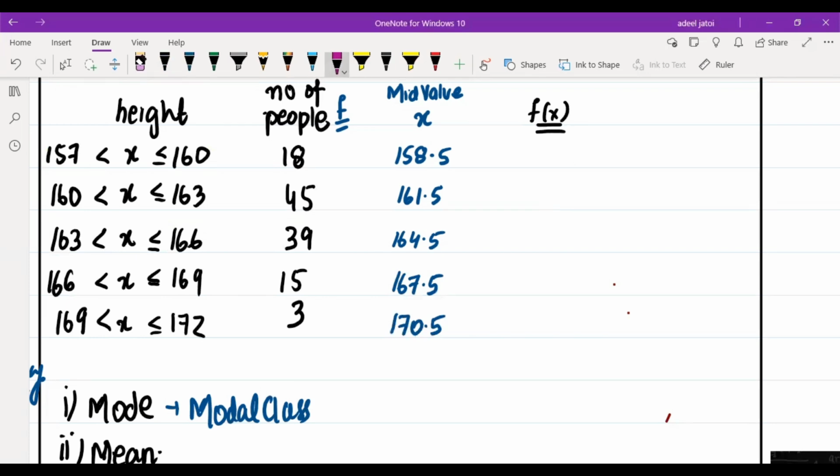Your frequency is multiplied with your mid value, which is now your new x, because your range of data has been converted to single data. So your frequency is 18, your mid value is 158.5. For this, your answer will be 2853.